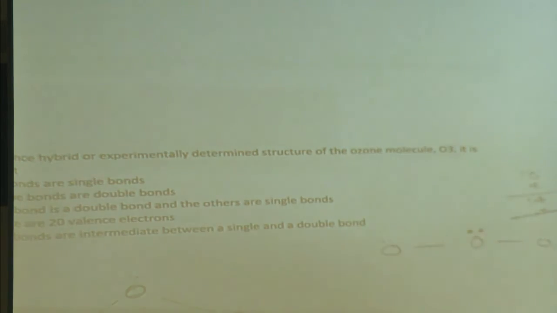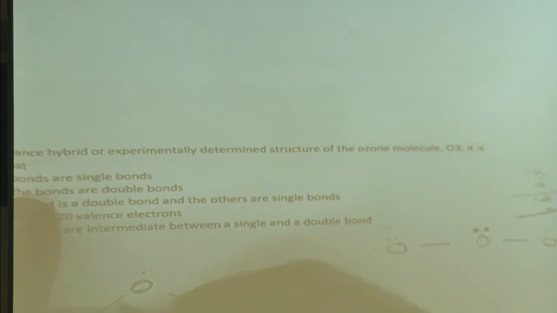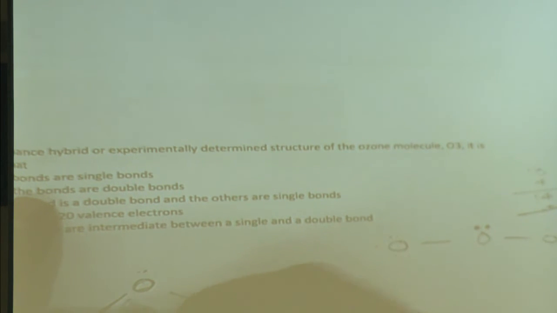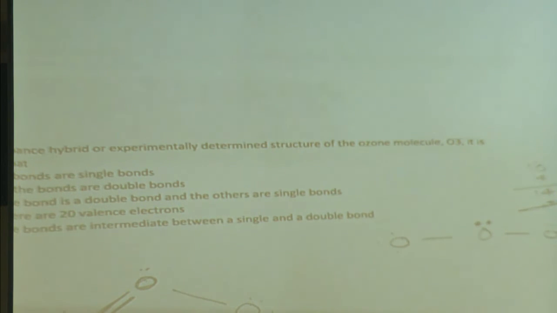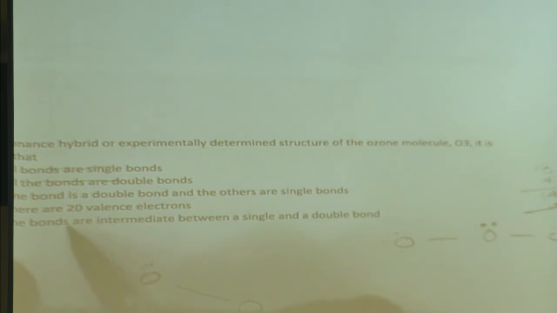What's wrong with this picture, though? Yeah, there needs to be a double bond because this oxygen doesn't have its octet, right? So just take one. So that's what it would look like, right? And so are all of them single bonds? Are all of them double bonds? Was there 20 electrons? Is there one double and the others are single?